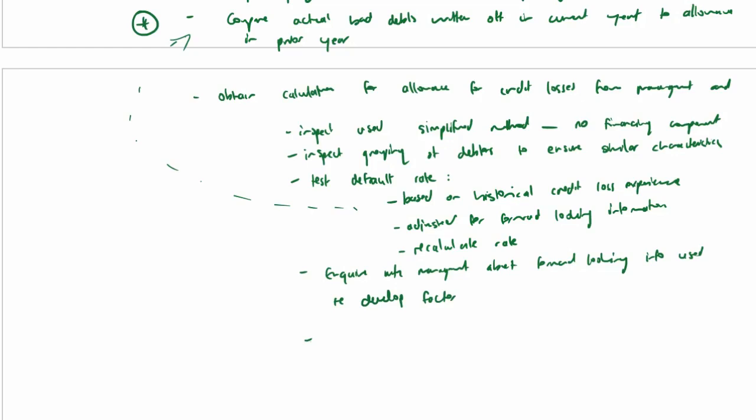Okay, and potentially I want to compare that default rate to industry rates to see that it is reasonable. Or I could say everything about the default rate, the forward-looking, the historical.